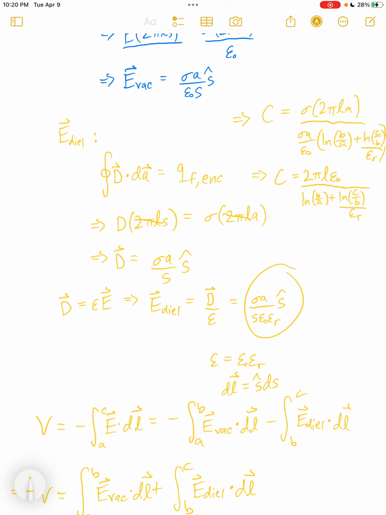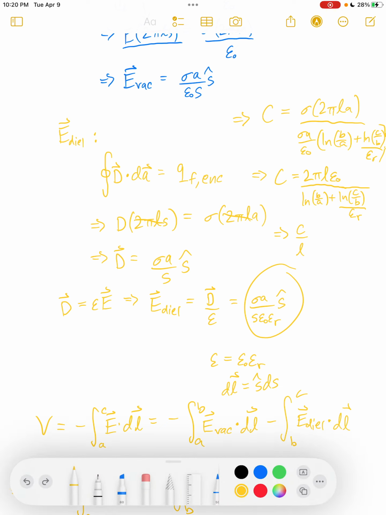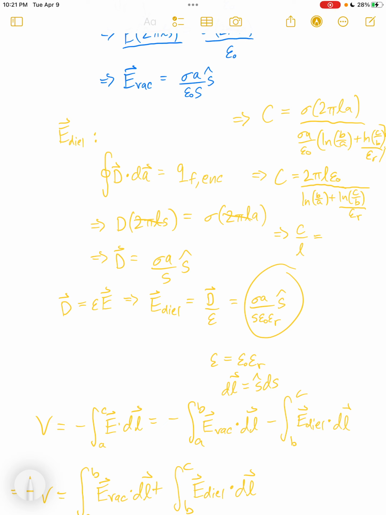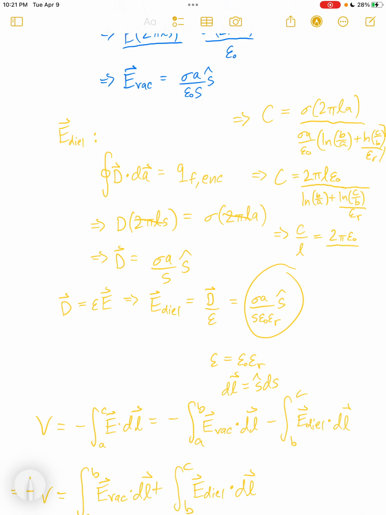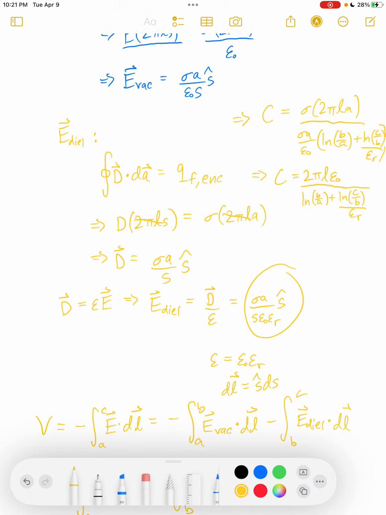So, using this, dividing by L means that the capacitance per unit length is 2 pi epsilon naught over ln of B over A. You know what? I'm going to write this in a different color, somewhere where I have a little bit more room.